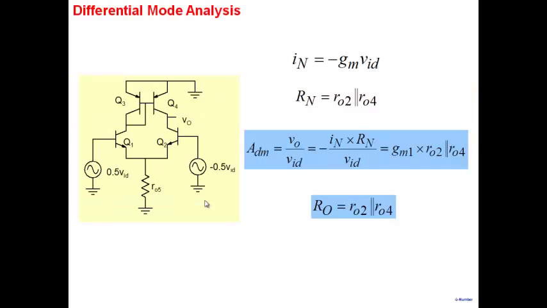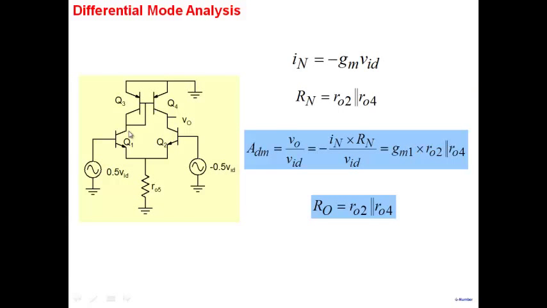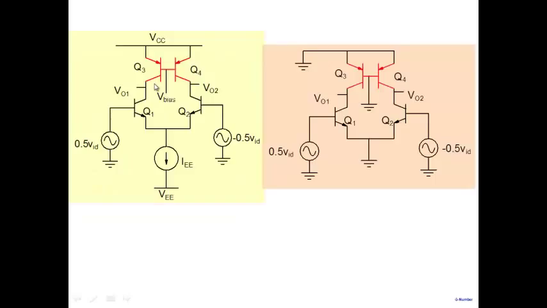Before I continue, I want to show you one benefit of this particular stage versus the previous stage. Remember, we said you can build a differential pair with active load by biasing it from here. And we said that this biasing arrangement is not very convenient, it's very sensitive. Let's leave that aside for a moment.